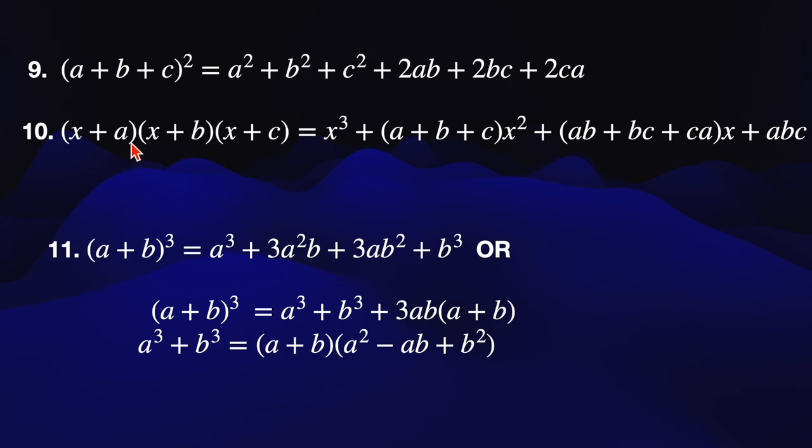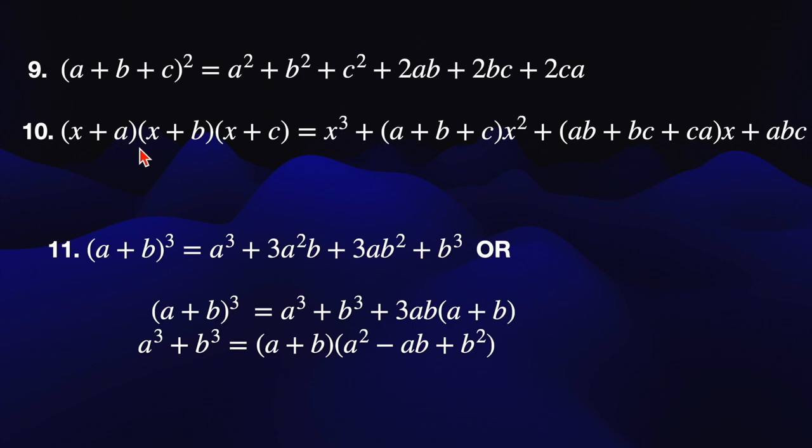Plus, then multiply a and b: (ab + bc + ca)x. So what's the coefficient of x? ab + bc + ca. Plus here the last term is a into b into c. So this is the identity. This is the formula.